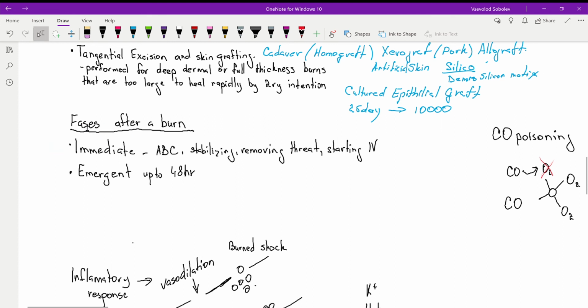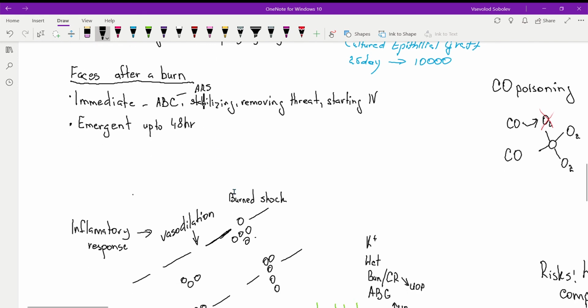So if the injury happened to the face, then immediate treatment would be airway, breathing, circulation, putting in the tracheostomy or orotracheal access, giving them 100% oxygen, non-rebreather, and monitoring for acute respiratory syndrome, stabilizing, removing the threat, starting IV.